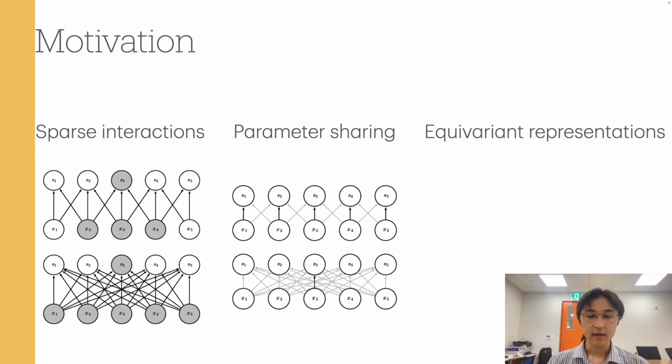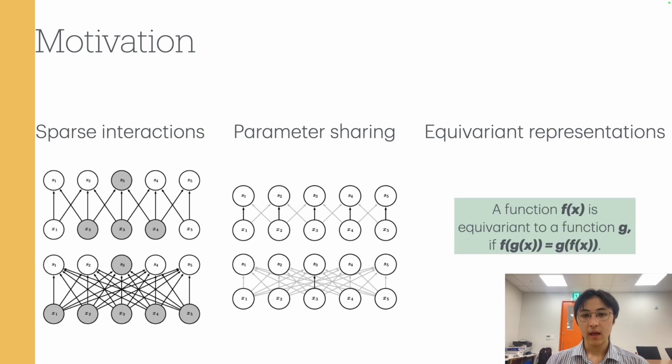The last motivation is equivariant representations. A function f(x) is equivariant to the function g if f of g of x is equal to g of f of x. This means that if we apply some transformation to I and then apply the convolution, we get the same result as if we apply convolution first to I and then apply the transformation.